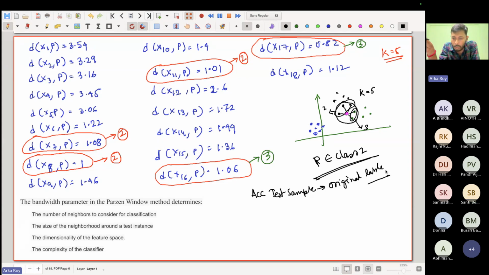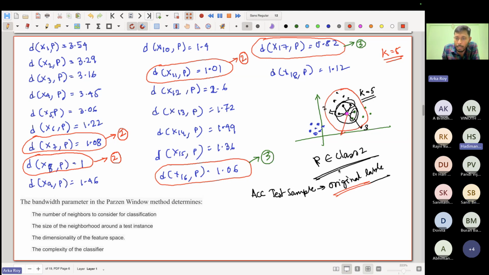In this case, when I considered k equal to 5, my decision is for class 2. If I change k to, let's say, 10, and increase the number of neighbors, I may get some other result. But that can only be checked when you have the original label for this unknown point.